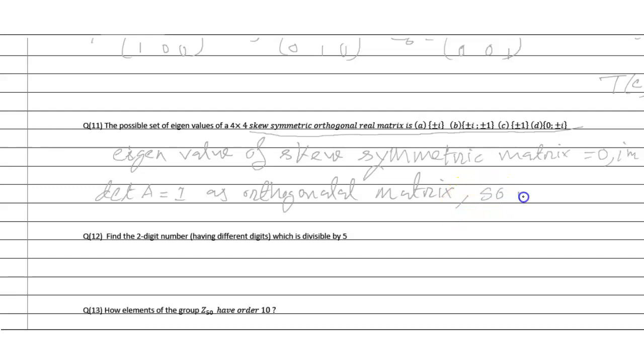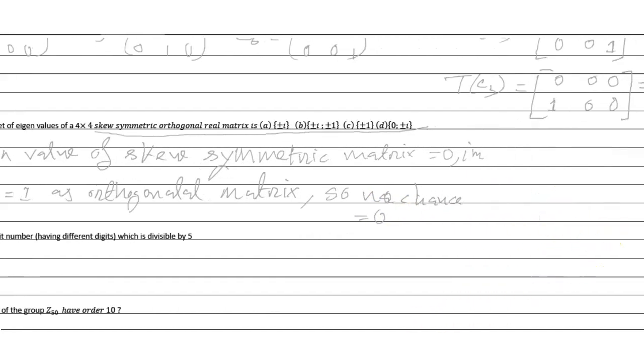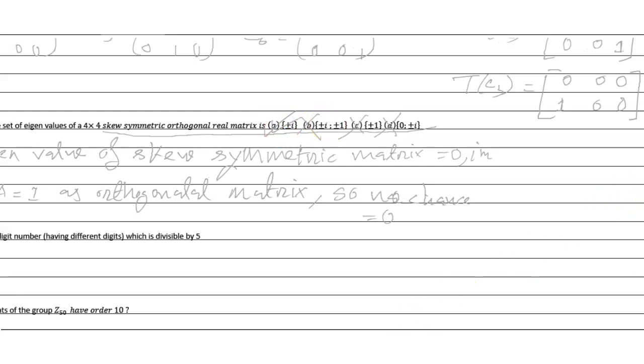So no chance, eigenvalue is 0. So only imaginary numbers are possible. So in the given question, option D is also wrong. C is wrong because plus minus 1 are also real values, and real values plus minus 1 are wrong. Only option A is correct.